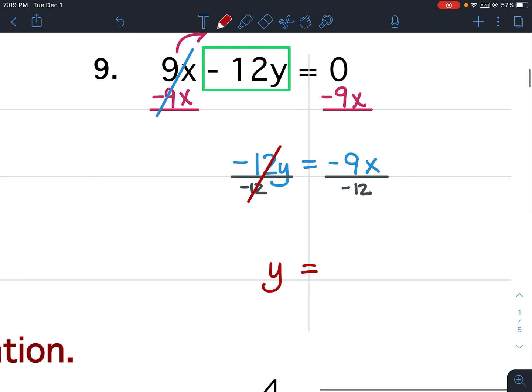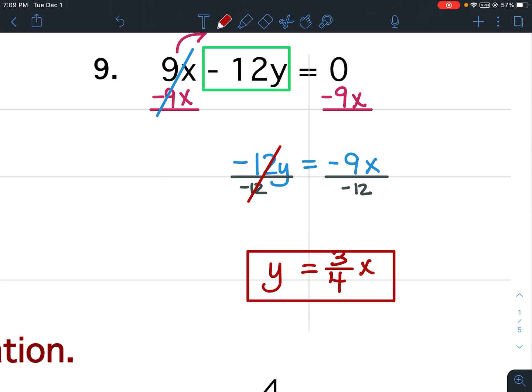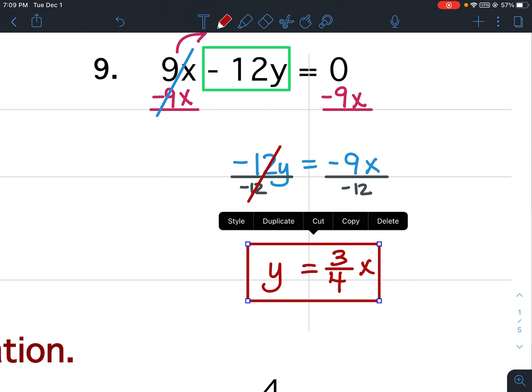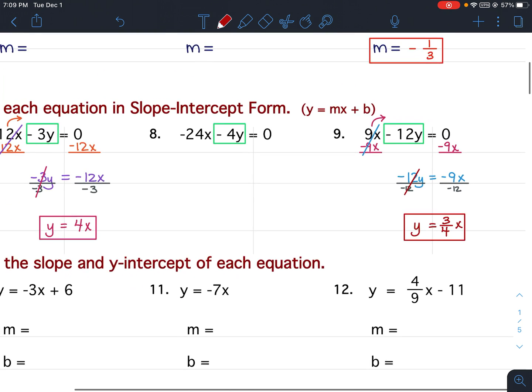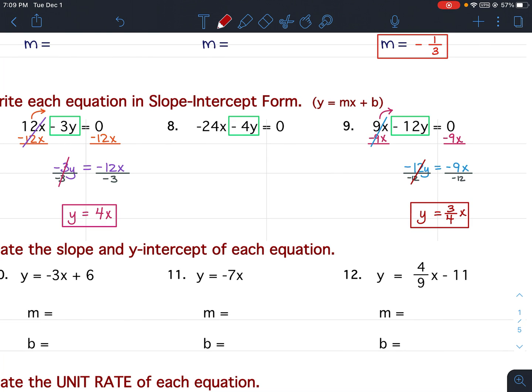So for number 9, y equals 3/4 x. So notice for both 7 and 9, the y is on the left side of the answer and the x is on the right side. And yes, there is an x in the answer.